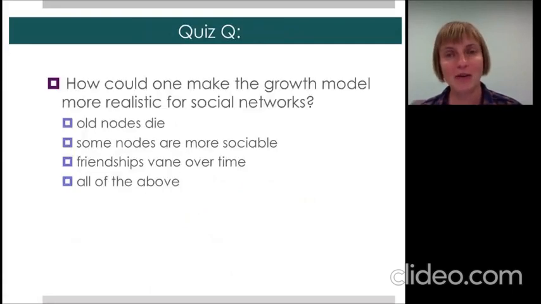So, how could one make the growth model more realistic for social networks? Should old nodes die? Should some nodes be more sociable? Should friendships wane over time? Or perhaps all of the above? I hope you picked all of the above because even though mathematically it becomes more difficult to solve such models, they capture many of the realities of networks.